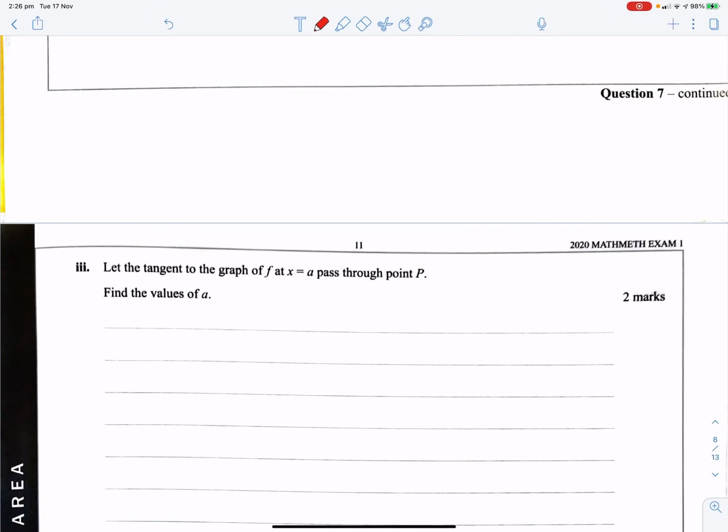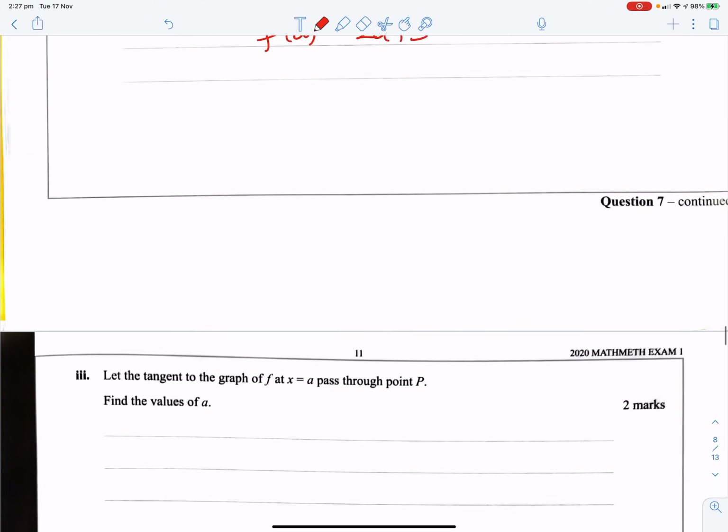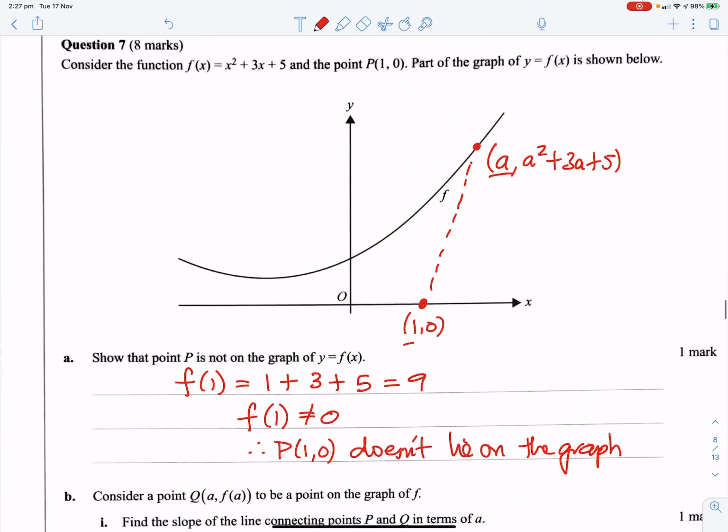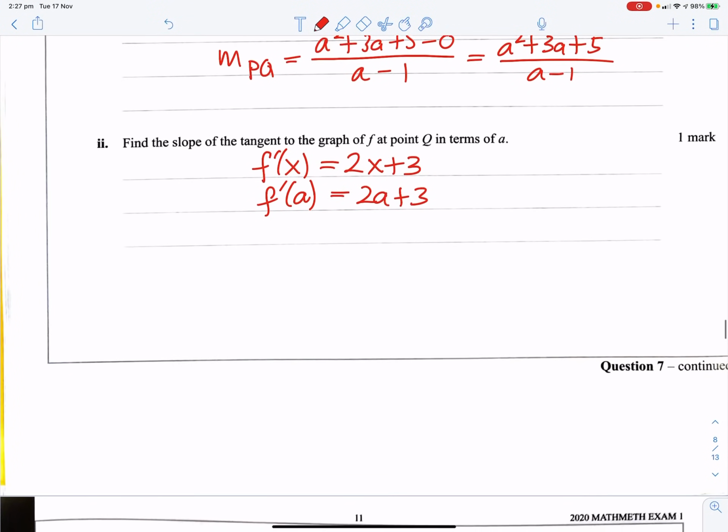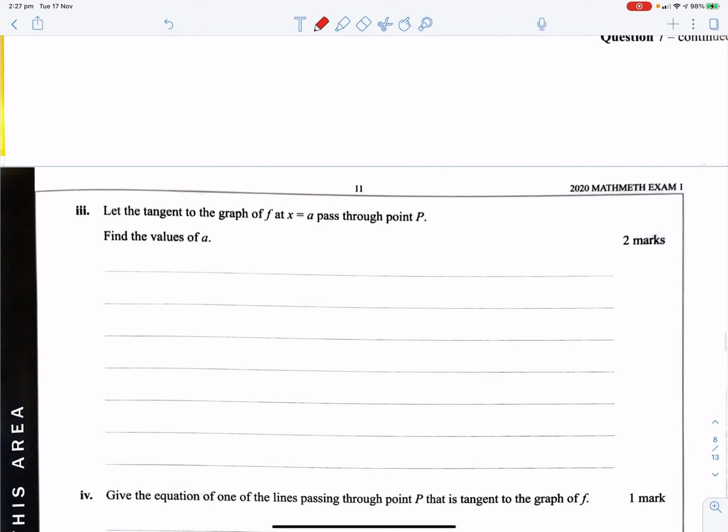Let the tangent to the graph of f of x at Q pass through the point P. So wherever our tangent is, it's got to pass through there. So these two lines have to have the same gradient, which means they have to be equal. So we can say a squared plus 3a plus 5 over a minus 1 is equal to 2a plus 3.